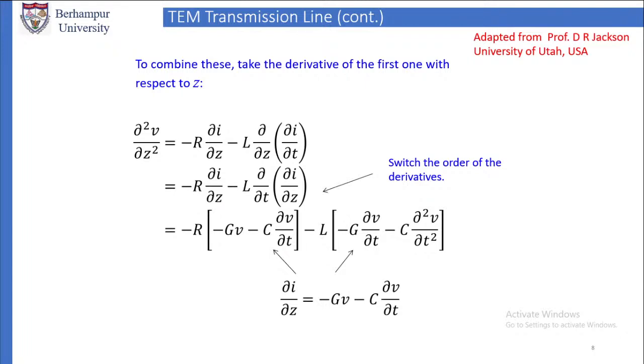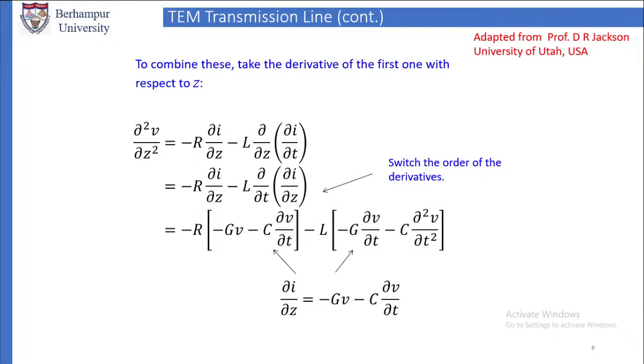Now we know the expression for ∂I/∂z, which was the second telegrapher's equation, so we'll put that value. ∂I/∂z is −GV − C ∂V/∂t.